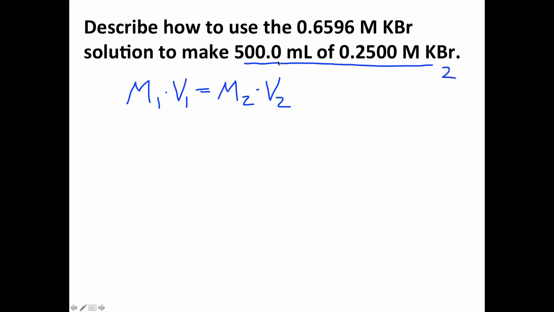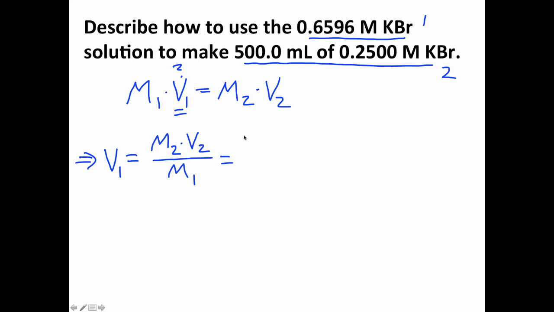So it has a volume of 500 milliliters that we want and a concentration of 0.2500 molar. And then the more concentrated solution we're going to call solution 1, and we know its molarity, 0.6596 molar, but we don't know its volume. So what that means, of course, is we need to solve for the volume of solution 1, which is molarity times volume of solution 2 over molarity of solution 1.